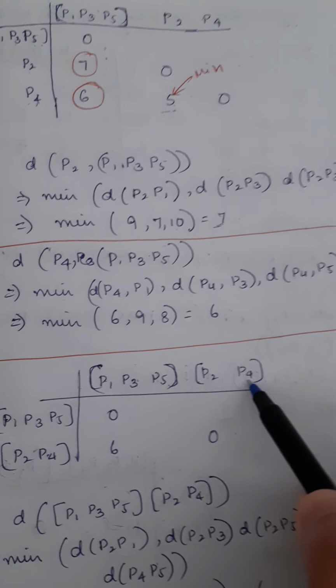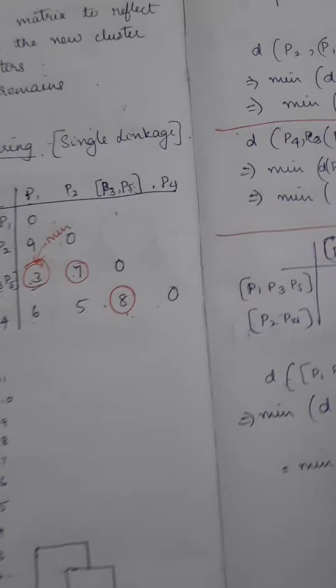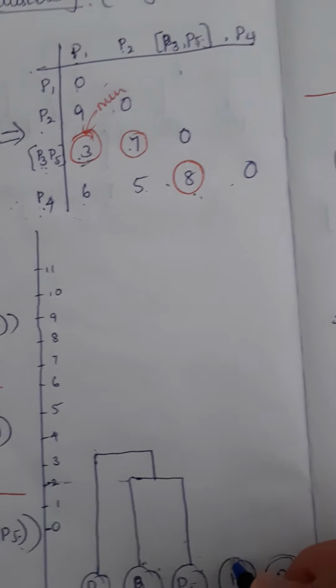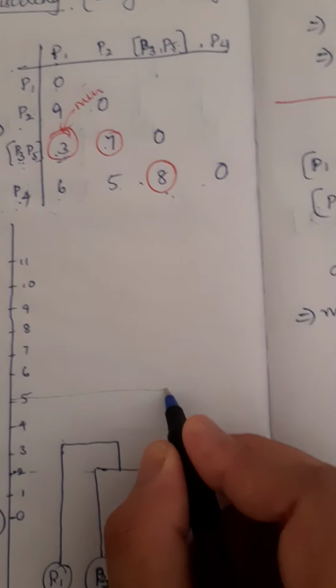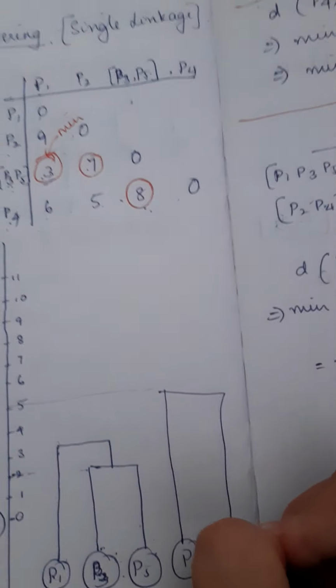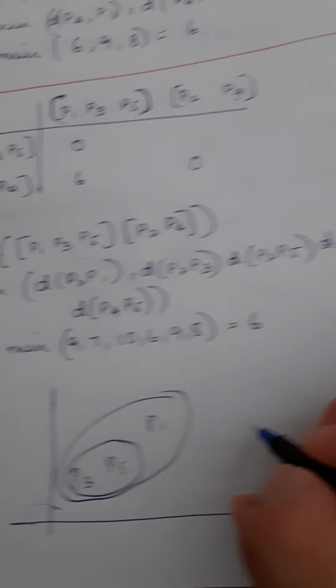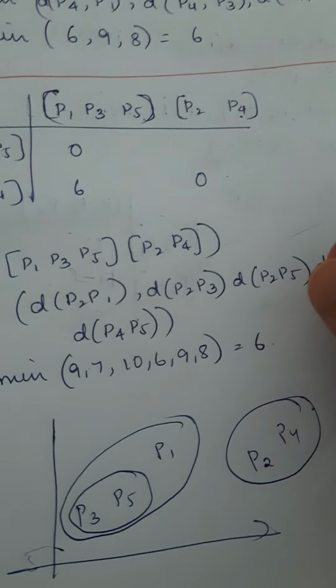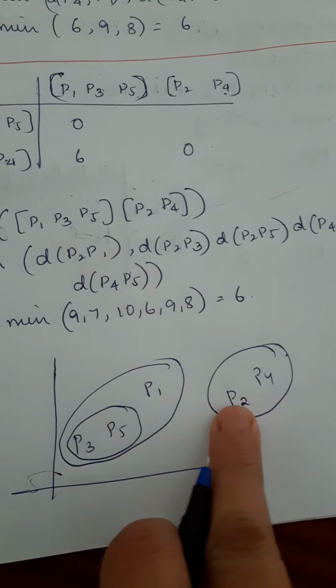P2 and P4 will be the next cluster. And at what value is it forming? At value 5. So in my dendrogram, I am going to merge P2 and P4 at the value 5. So we have two clusters here.